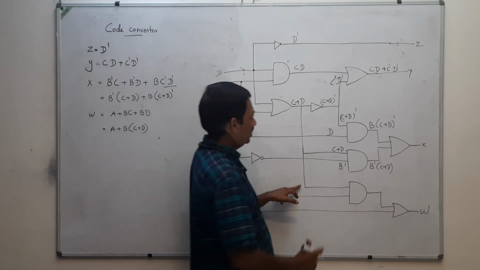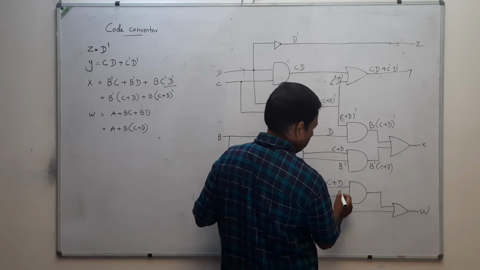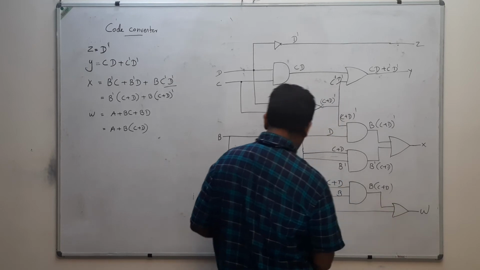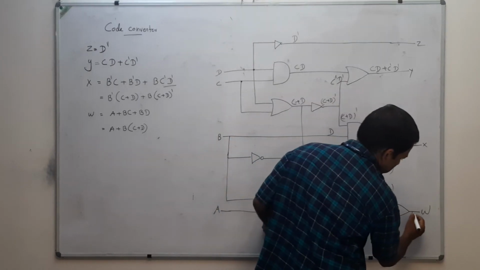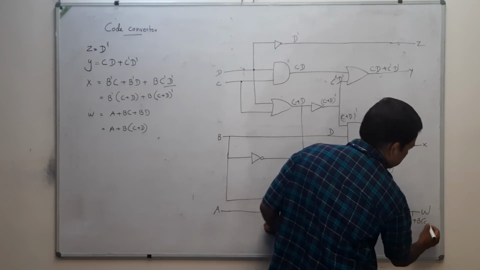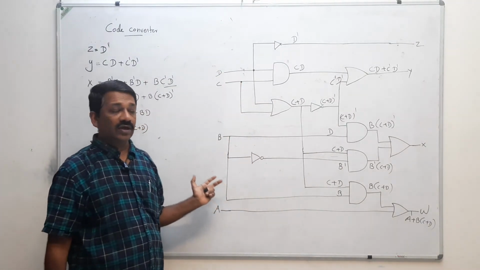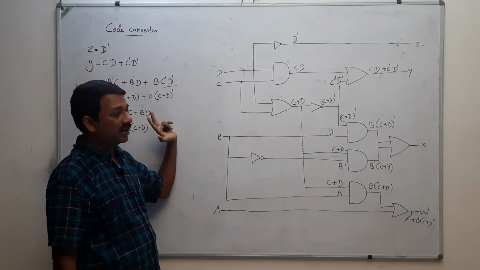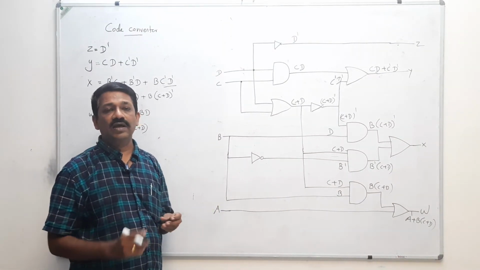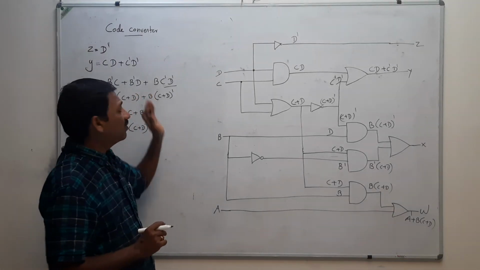Here is C plus D and that into B. It is B into C plus D plus A. That means this is A plus B into C plus D. So this is an example of a code converter which is converting binary coded decimal or BCD numbers to XS3 numbers. In this way, we can have the implementation of code converter.